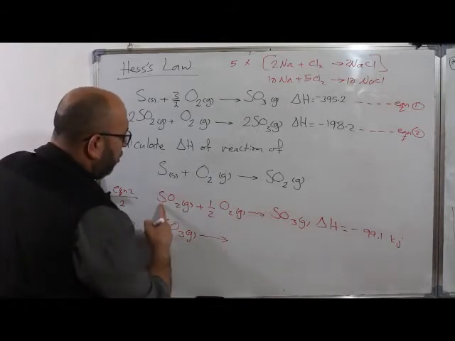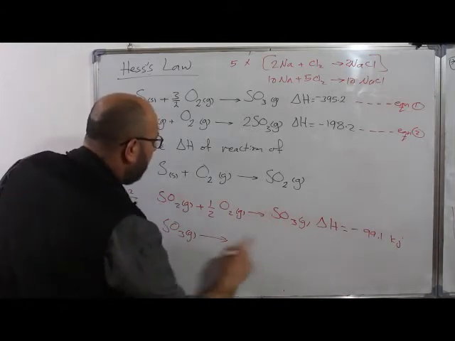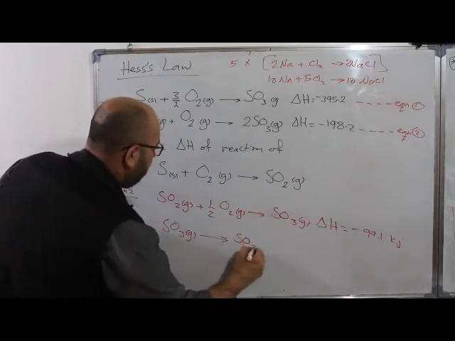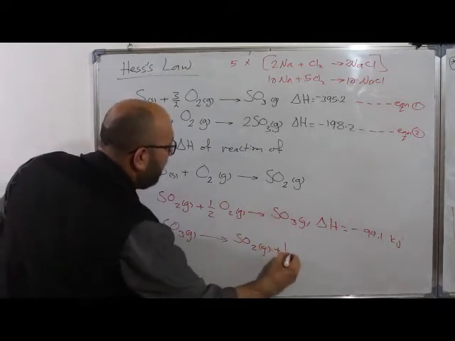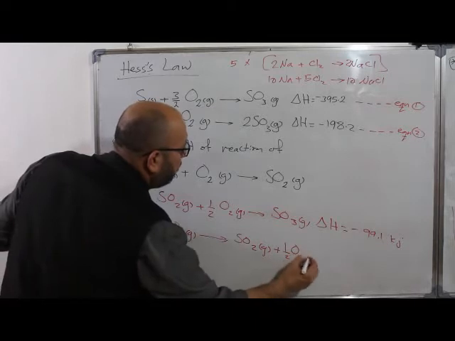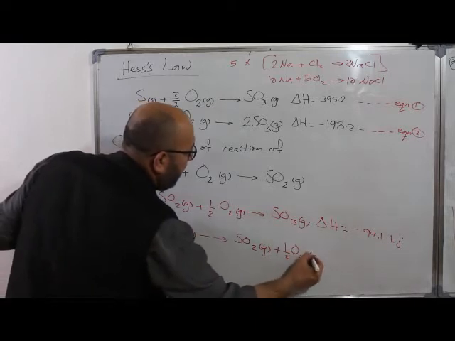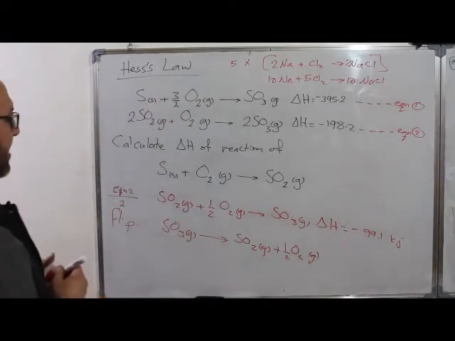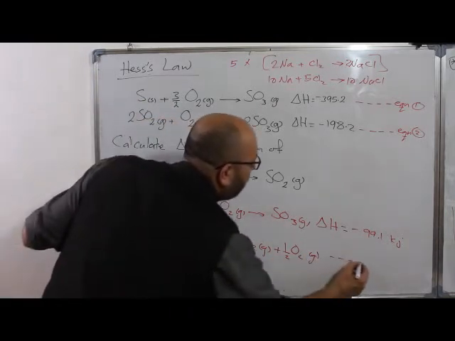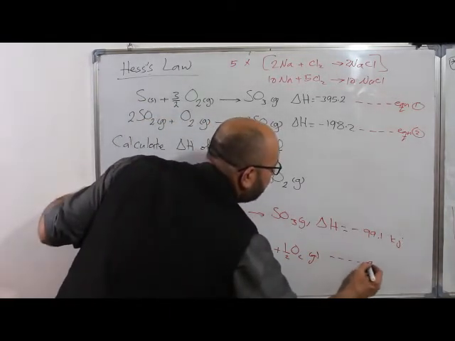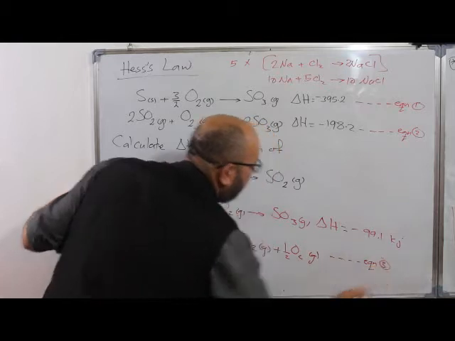SO2, the target, turns to the product side, SO2 as a gas plus half of O2 as a gas. Have we finished here, guys? We could write it as equation number 3.